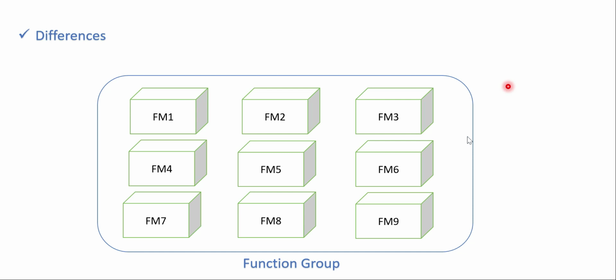We don't want to develop anything new, since it's already available. So why can't we move this functionality to the next level? They call it a remote enabled function module, meaning the same function module can be called from outside of your SAP also. In short, we call it RFC function modules. It can be called even from another SAP system or a non-SAP system.